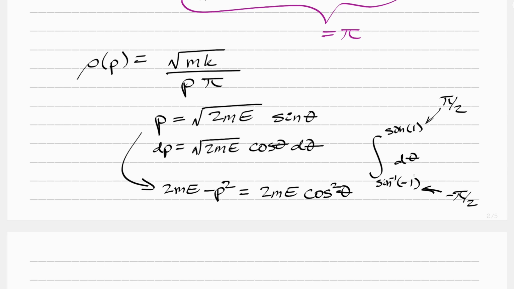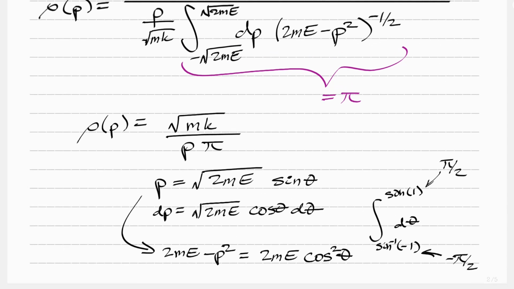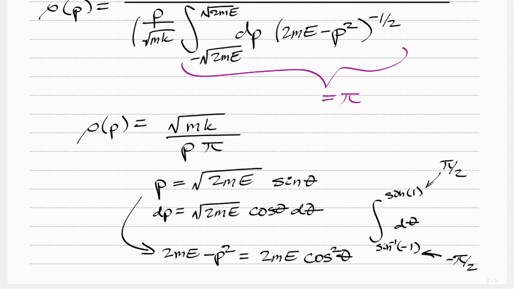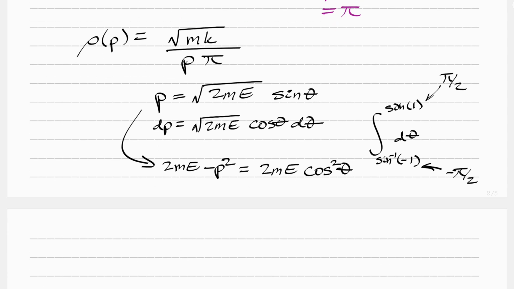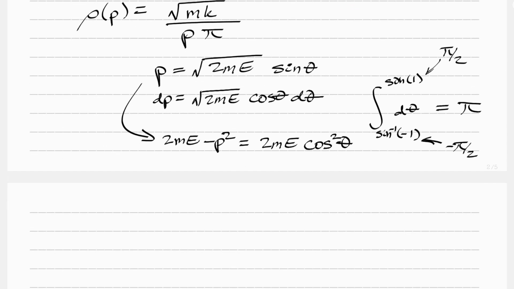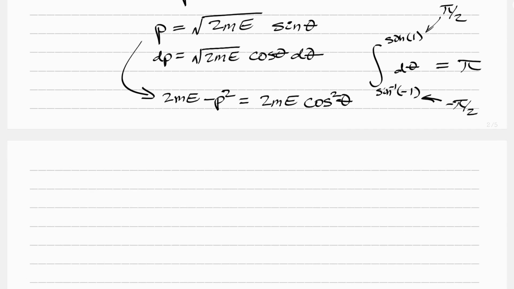There's nothing in the integrand, so we still have this factor out front, and there's nothing else in the integrand, and that's what actually gives you pi in this case. Pi halves minus negative pi halves is pi. So not doing all the steps, but that's a good look at that, probably more than I intended to do, but that's fine.